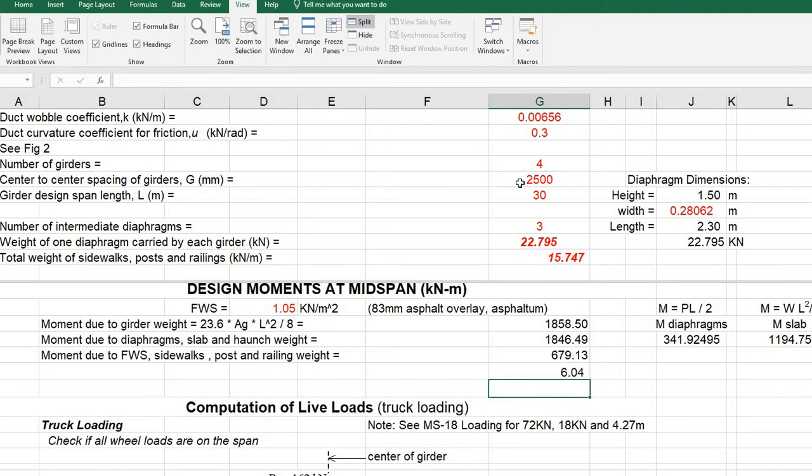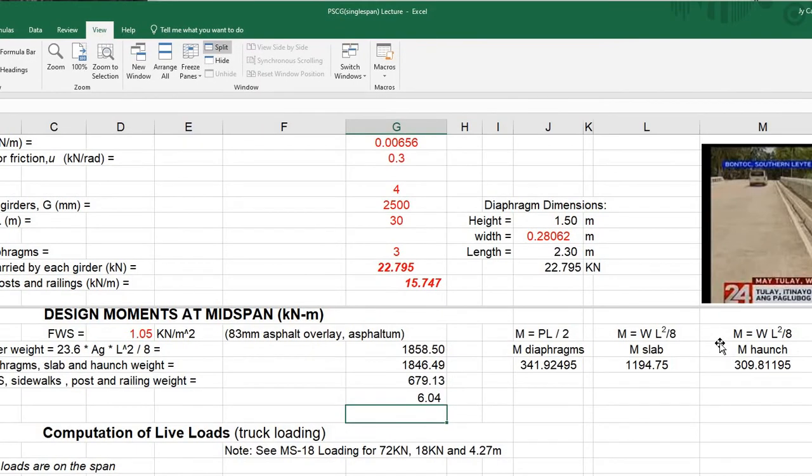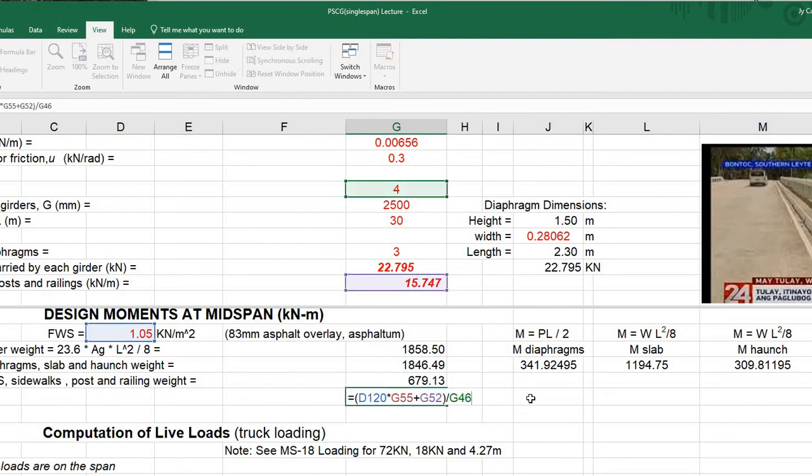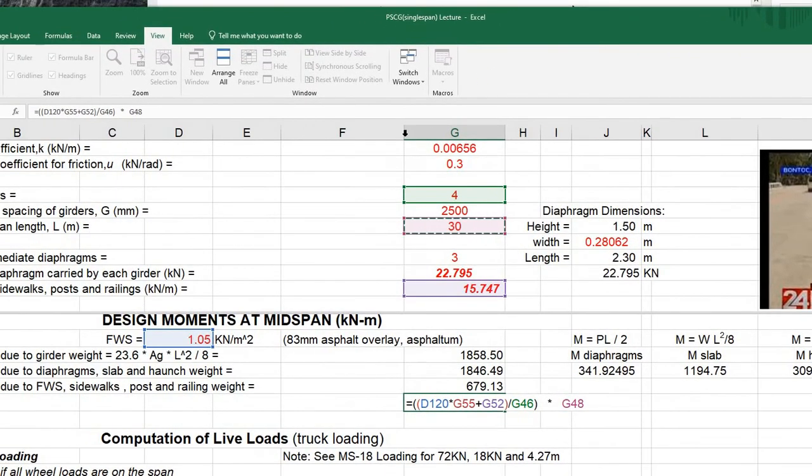Then, meron na tayong W. Okay, i-apply na natin yung equation na WL squared all over 8. So, 6.04 now. Gawin ko lang naka-enclose dyan. Times L squared all over 8. L, yan yung ating 30. Length na 30, ano?